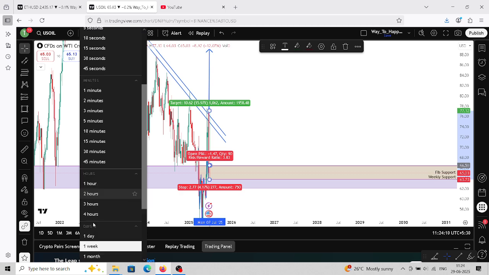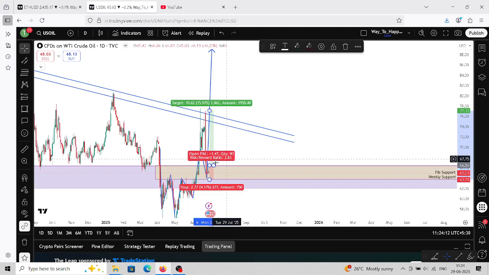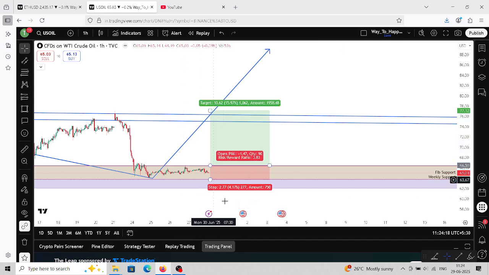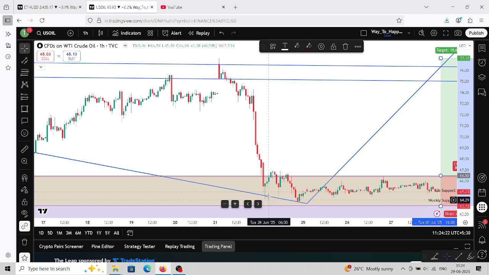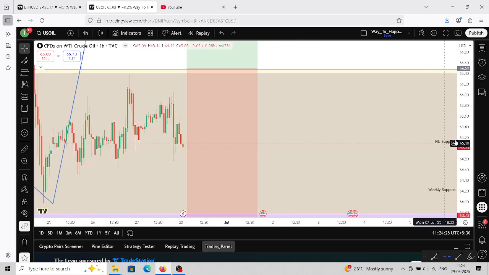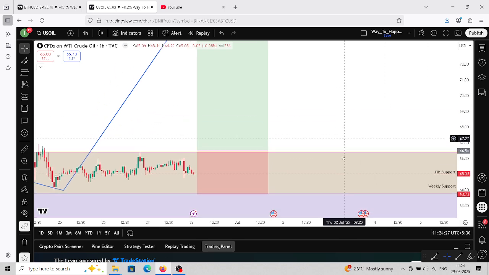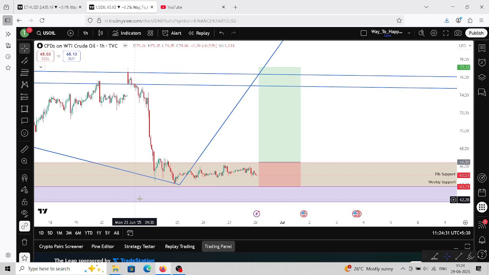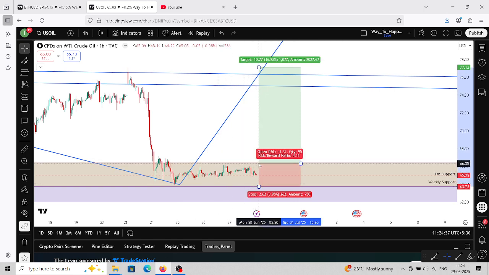On a daily, let me do like this. On a 1 hour, yeah. So if you see on a 1 hour, this is how I'm going to plan my US oil trade. What I'm going to tell my US oil traders is that the prices should come like this here.